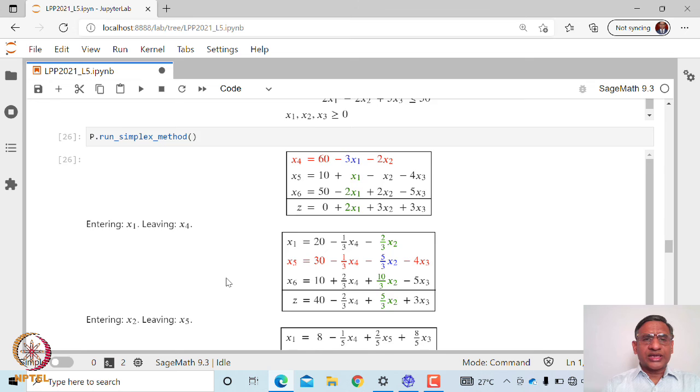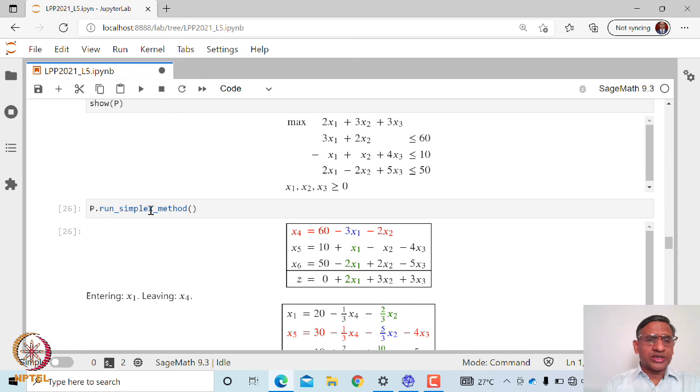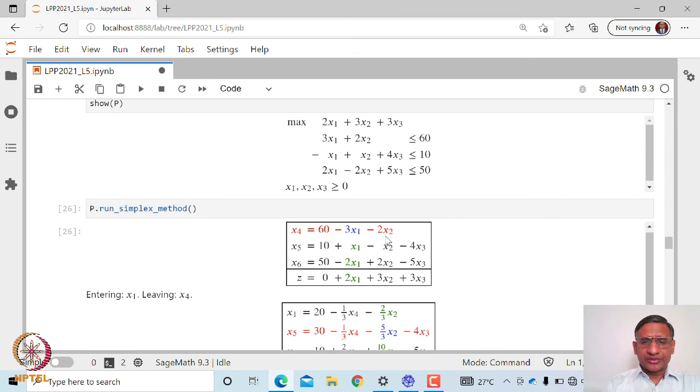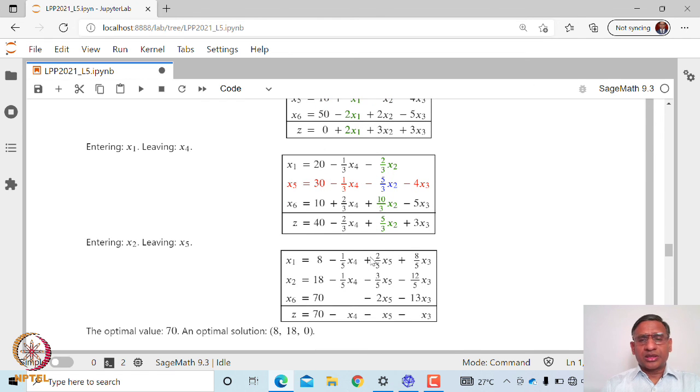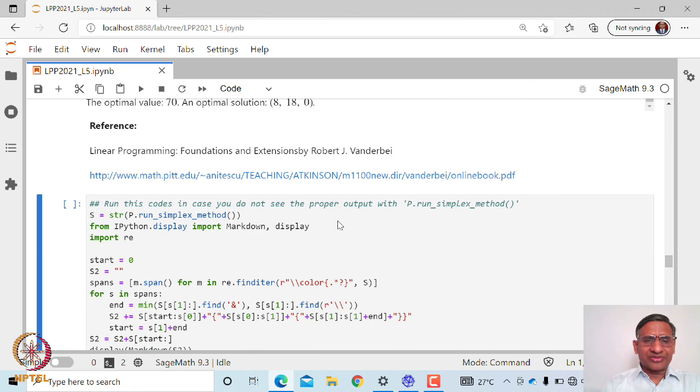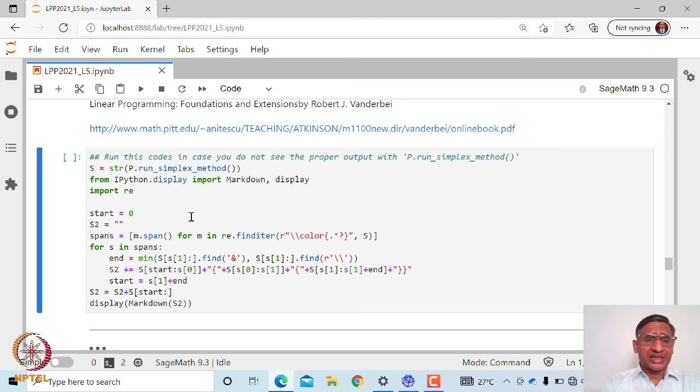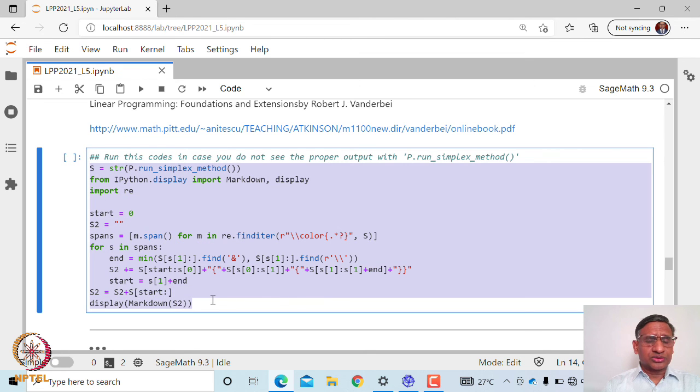Sometimes I found that when you run P.run_simplex_method, the display may not be proper. It may not look the way I can see here. In that case, the problem can be taken care of to some extent by this particular set of code.